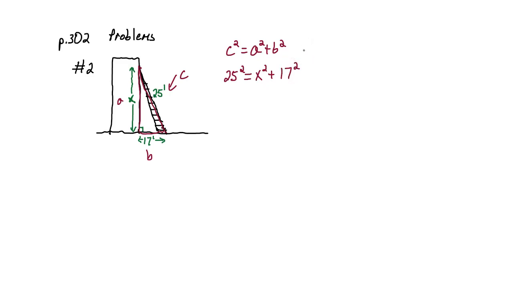Now let's evaluate this. 25 squared makes 625. 17 squared makes 289. Now subtract the 289 to get the x squared alone. We get 336 is equal to x squared. Well, how do you get the x by itself?